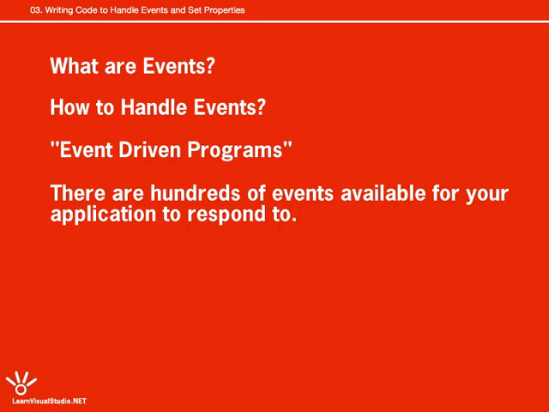Your users are just one source of events. Windows itself can send messages to your application like shut down, or data coming from the internet to be processed. Other programs can trigger events in your application as well, and as I'll demonstrate in just a moment, there are literally hundreds of possible events that your application can react to.